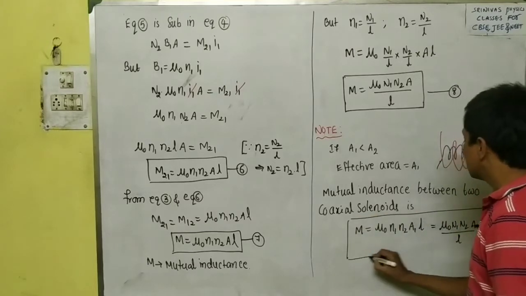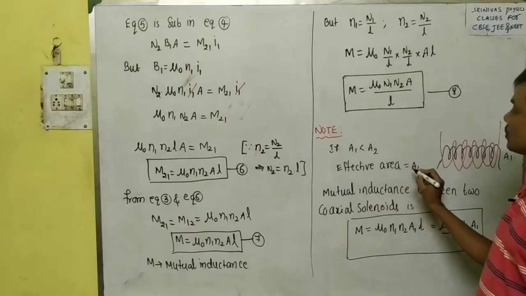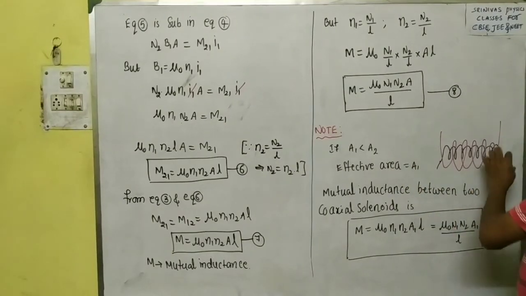When they give the two areas A1 and A2, if A1 is less than A2, then we have to take the smaller area, that is A1.